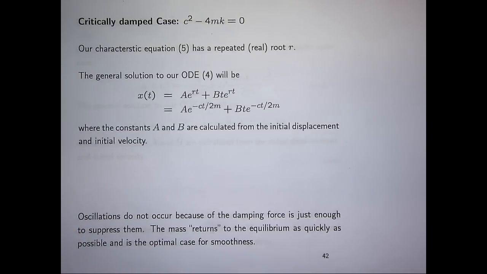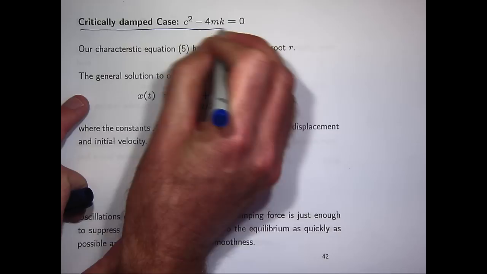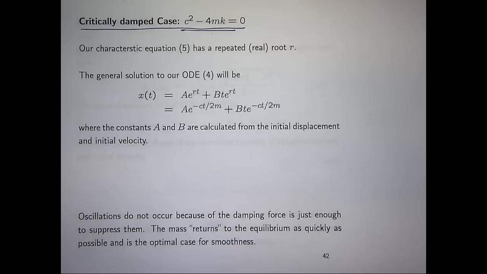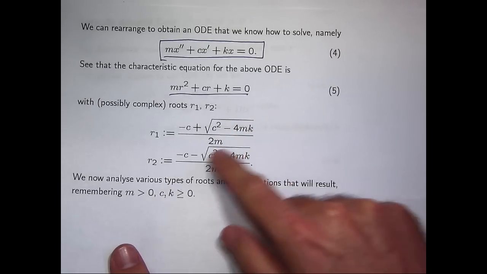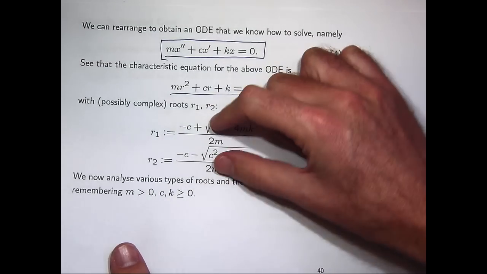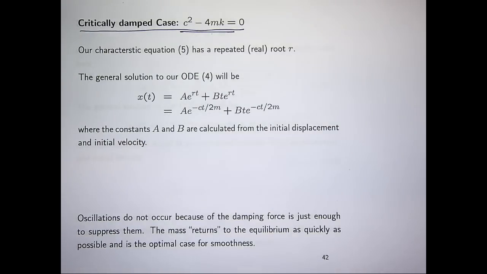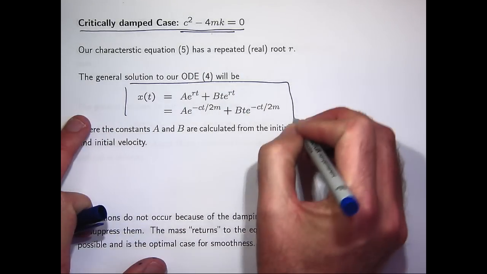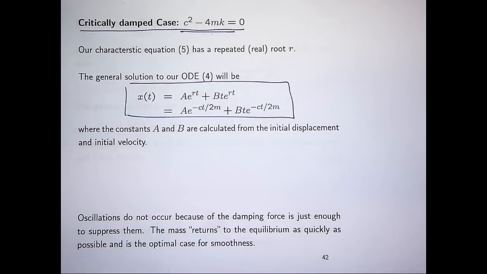Okay, the so-called critically damped case. This is when you have 0 in this square root. So that's just going to disappear. So in that case, the characteristic equation, your roots are real and repeated. So you know that in this case, when the roots are real and equal, you have the following solution.